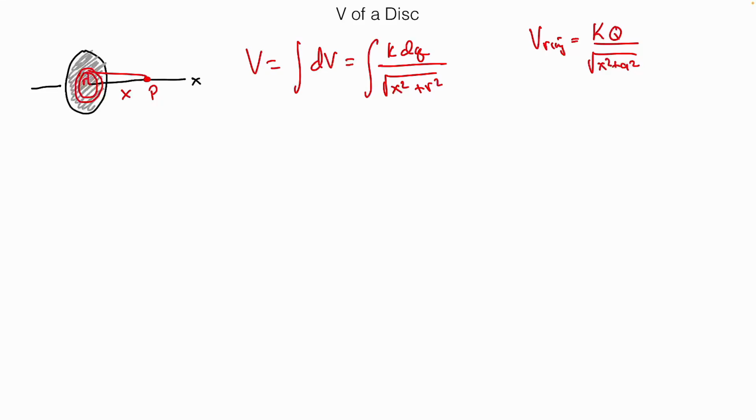So that means I actually have to go find out what dq is. Which of the densities am I going to use? I can do linear, I can do surface, I can do volume. What are we working with? It's a surface. We're integrating over a surface now. This disk has surface area.